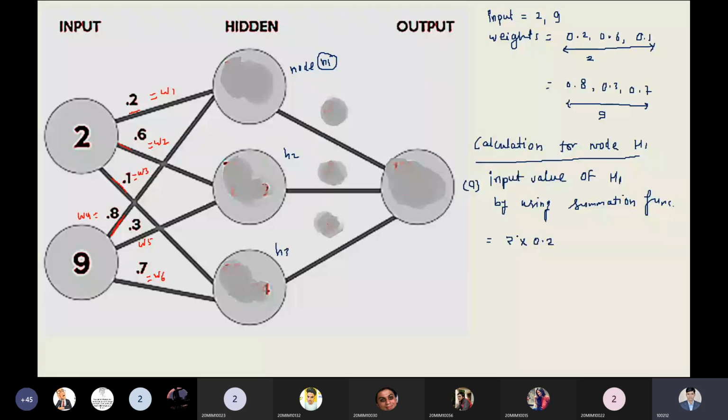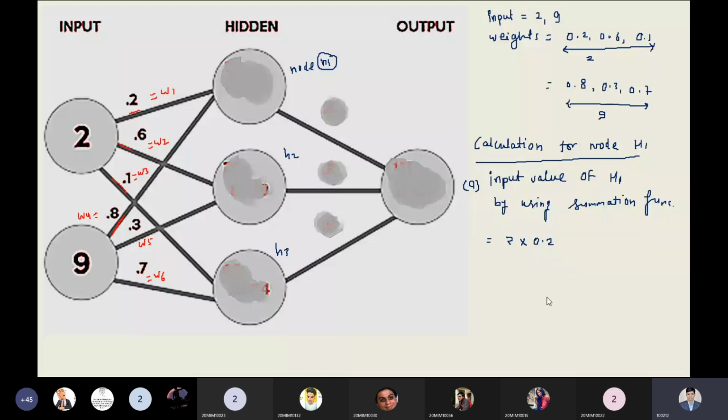Because the H1 node is connected by the 0.2 weight only. Okay, 0.2 weight W1 is connected only to the H1 node. Am I right? Yes, sir.